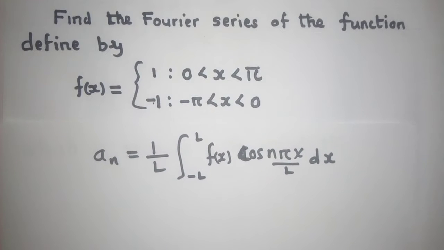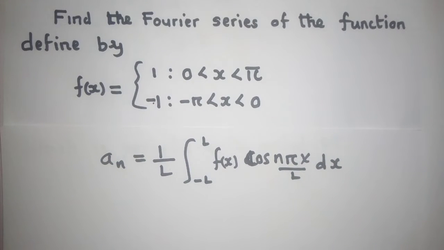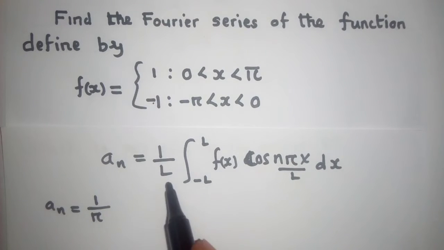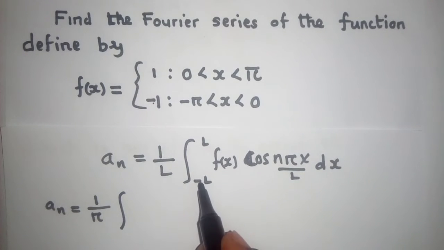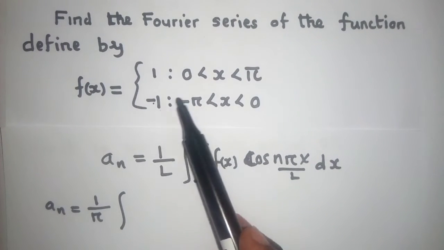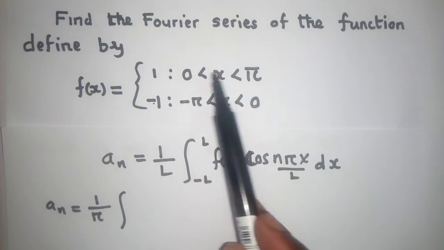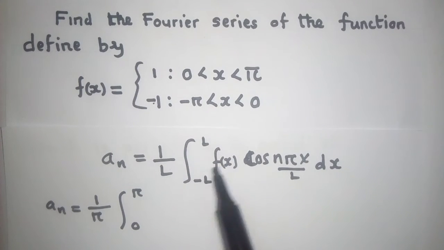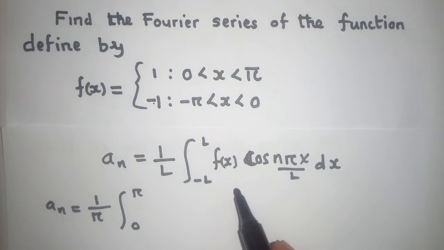So now we can arrange our work nicely. So we have a_n is equal to 1 over pi. Remember, we said our L is pi, so it's pi. Here we are supposed to put negative pi, but we have two pieces here, so just put the limits from here to here. So it will be from 0 to pi. There's a 1. If we put a 1 here, it won't change anything, since anything multiplied by 1 doesn't change.